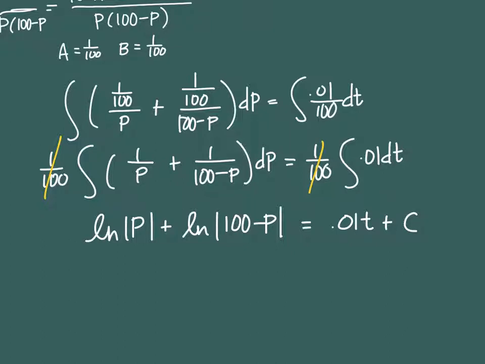The initial condition is 10. So I'm going to have 0.01 times 0 plus the constant, and then the natural log of 10 plus the natural log of 90.